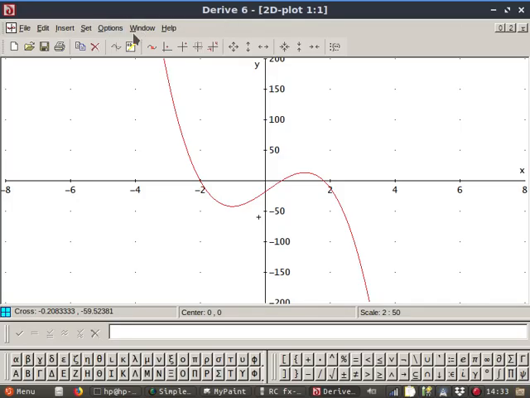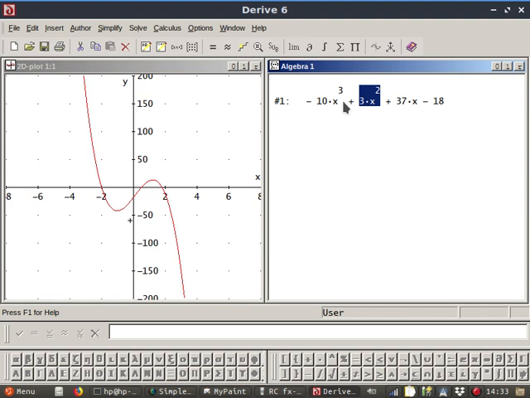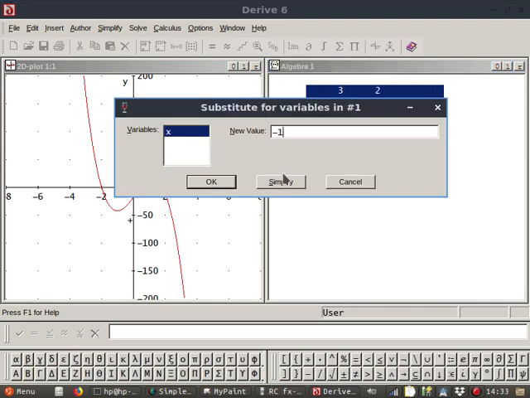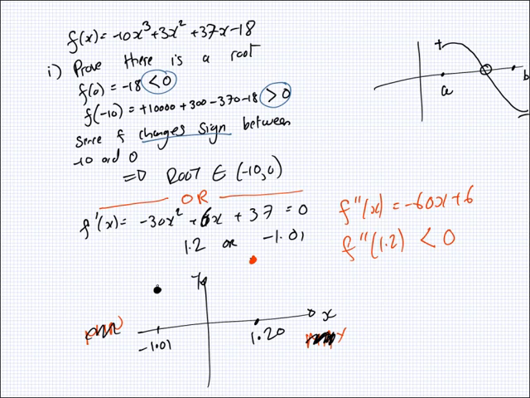Minus 1 is 10. Oh, minus 37. Ah, right. That's terrible.